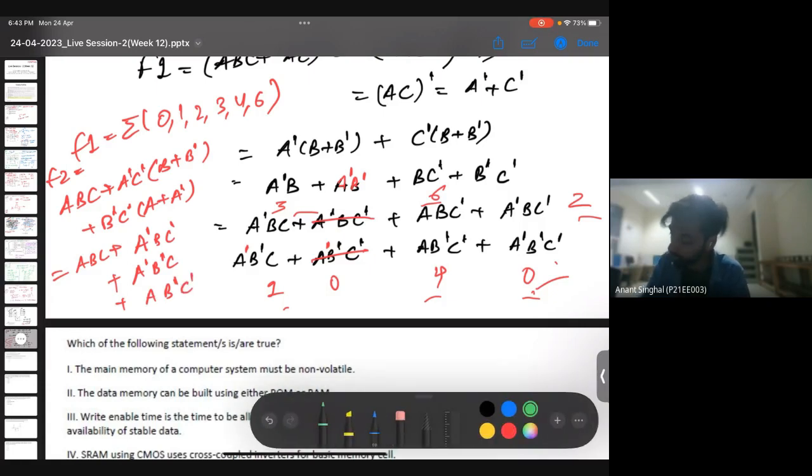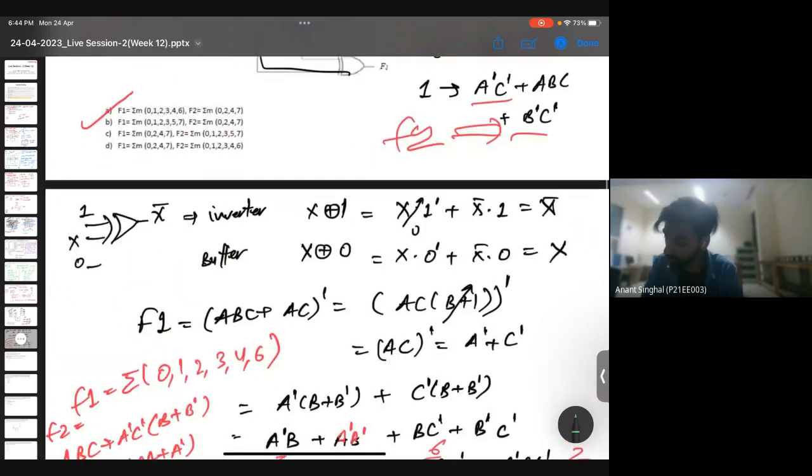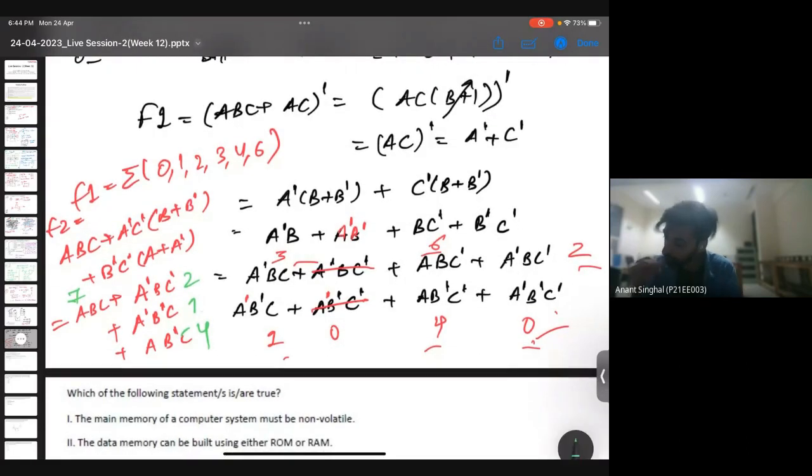So this will be 7, this will be 010, so it will be 2, and this will be 4. So what is this? 10247. And where is the bar here?